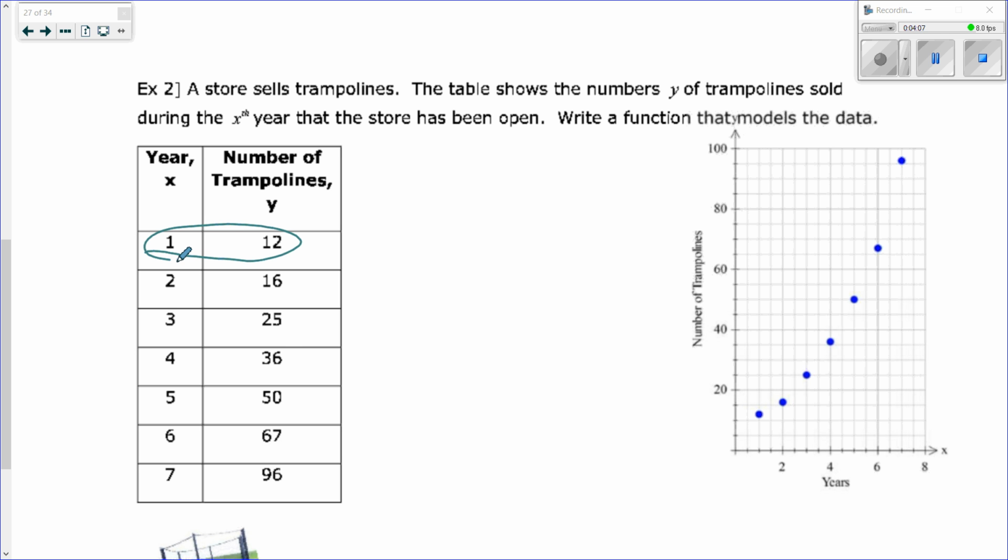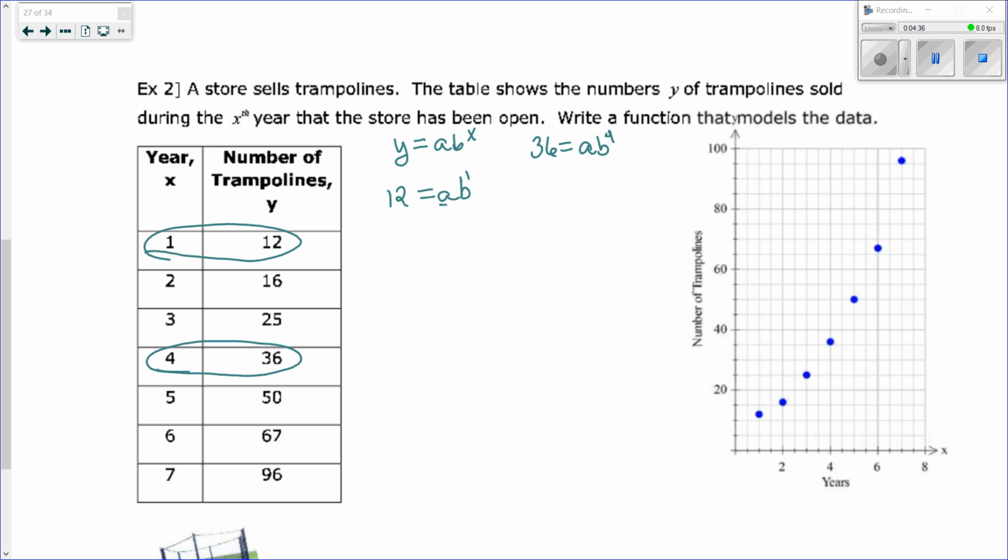And we can take maybe this one here, spread it out a little bit so that we're making sure we're doing okay. So we're going to do exactly what we did last time. So y equals a b to the x. So using the point (1, 12), I will have 12 equals a b to the first. And the other equation would be 36 equals a b to the fourth.